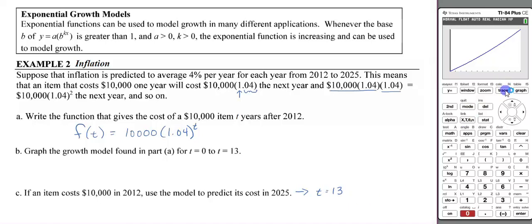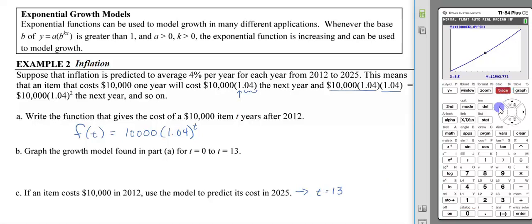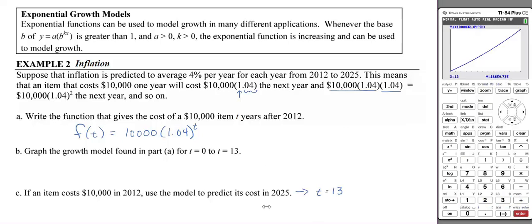So one way to find this would be to hit trace and then enter the number 13, and your output shows there as $16,650.74. So that is the cost of a $10,000 item in the year 2025.